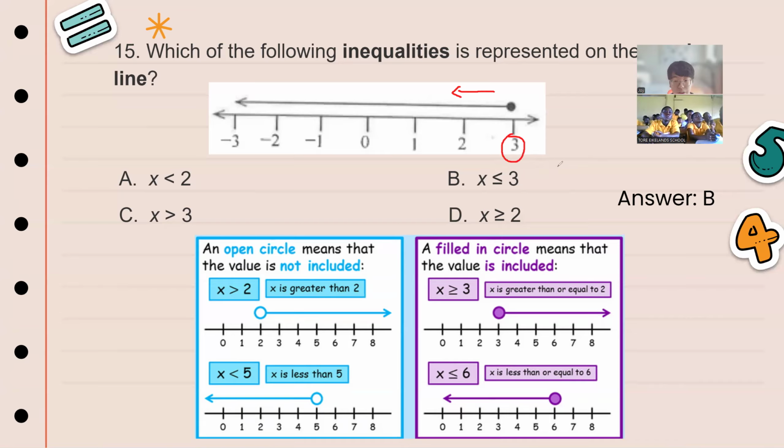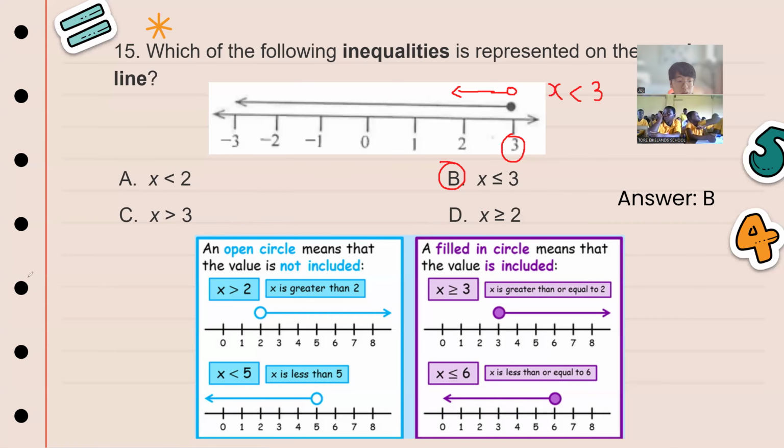We include 3. So x is less than or equal to 3. If the circle was open, if we had an open circle going this way, then that would just be x is less than 3, not less than or equal to.